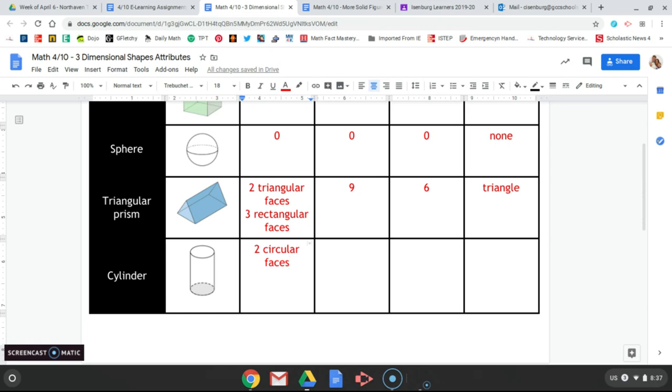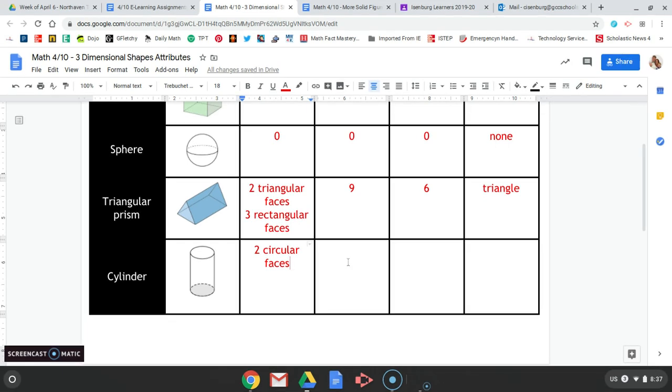Sorry, I was thinking. Since edges are where 2 faces meet, this has 0 edges, because faces are flat parts, right?